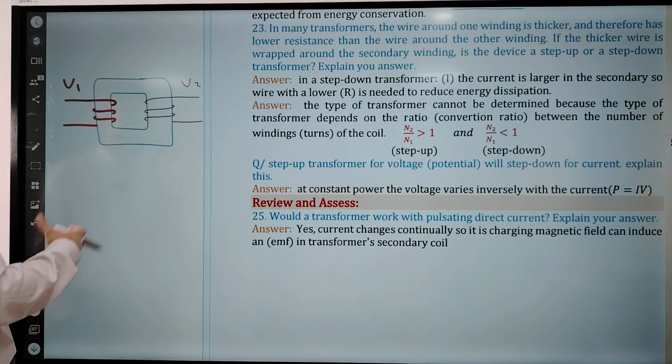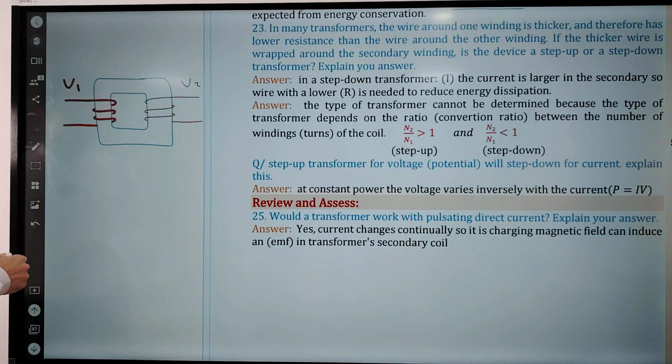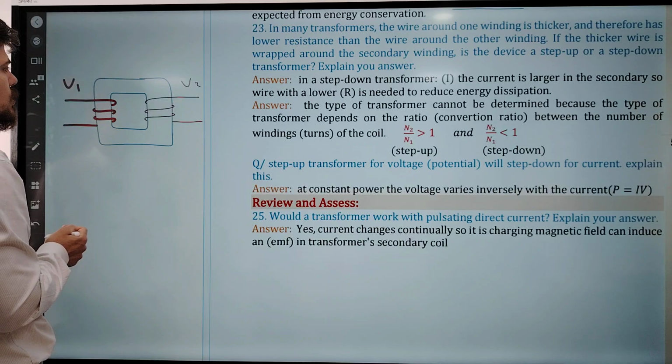So we have the same number of turns in both the primary and secondary coils. But what is the difference between these two coils?